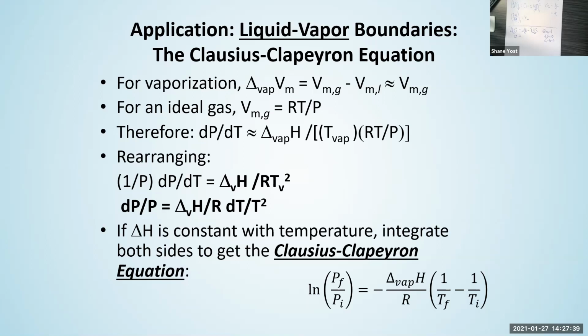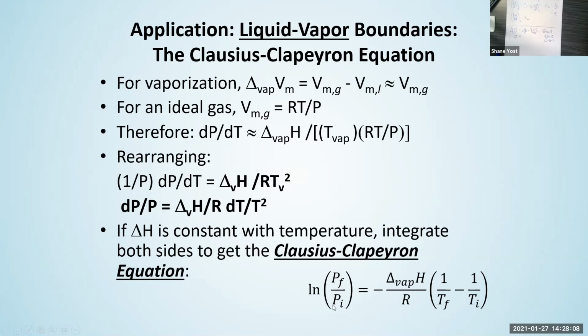And so this Clausius-Clapeyron equation can tell us how the vapor pressure of a liquid changes with a change in temperature. Similarly, if we think about boiling temperatures of liquids, if I want to know how the boiling temperature changes for my liquid with a change in pressure, if I change the external pressure on my liquid, how does that change its boiling temperature?